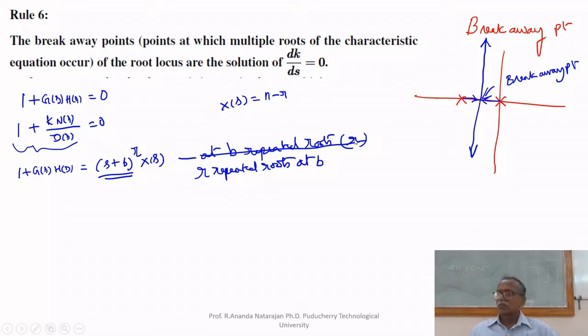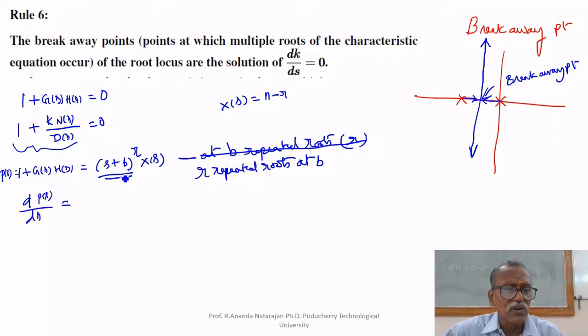Suppose I am differentiating this with respect to s. What will you get? Let us call the characteristic polynomial p(s). dp(s) upon ds equals, if you differentiate this, r multiplied by (s plus b) to the power r minus 1, multiplied by X(s), plus the other term.